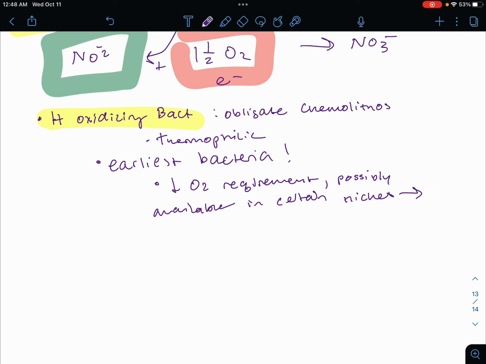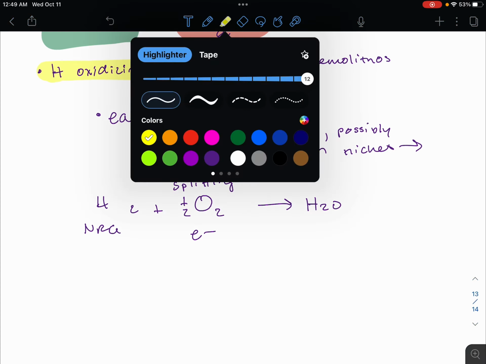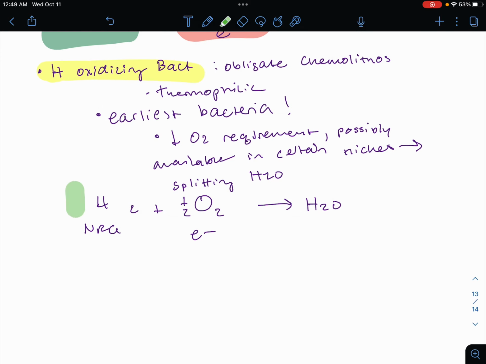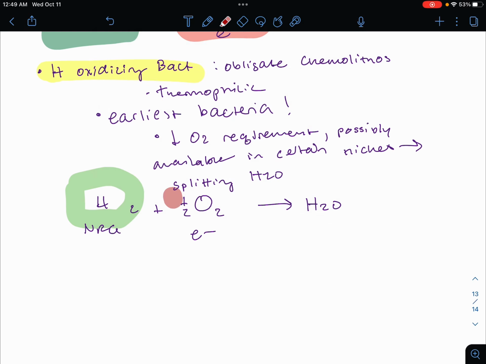So again, energy source is H2. Terminal electron acceptor on aerobic species will always be oxygen. And that's going to make H2O. Again, we'll do our little boxes here.